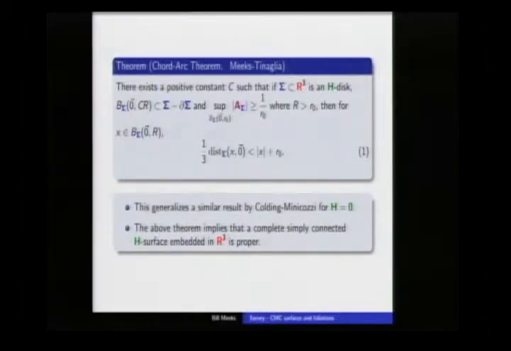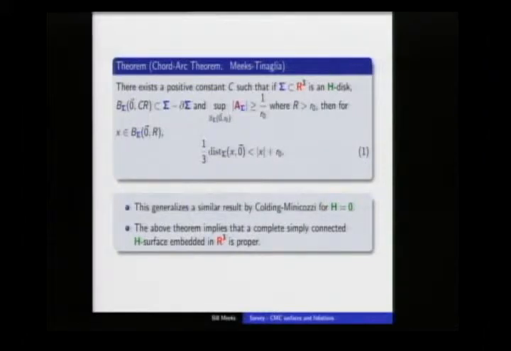So there's a uniform number here, which is C. So C times R, think of C as large. It contains a big ball. It's not necessarily a disk, but the ball centered at that point is contained in here.